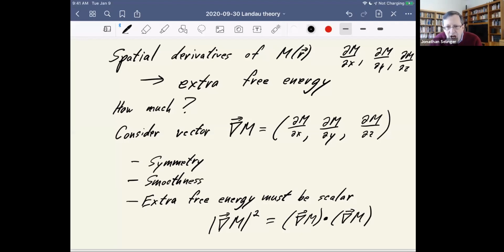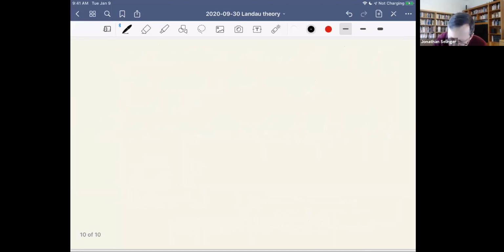This is the most common way that derivatives could enter into the free energy density. They enter in with some coefficient. Typically, people call the coefficient 1/2 k. Right? So 1/2 k on both of those things. And this is then an extra term that goes into the free energy integral.